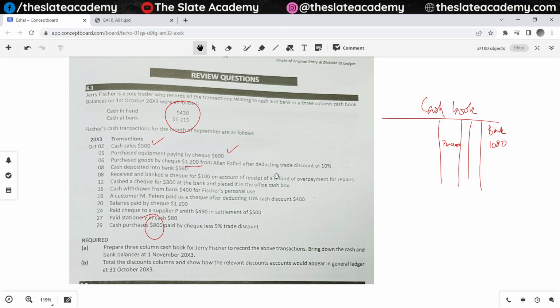How much would that be? 40. So in the cash column, 800 minus 40, it would be 760. So in cash column over here, I would just write 760 and purchases. That's it.